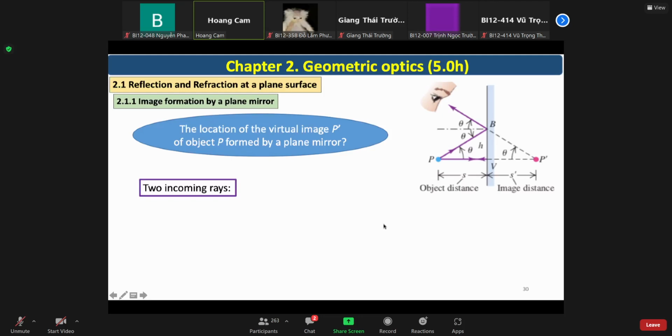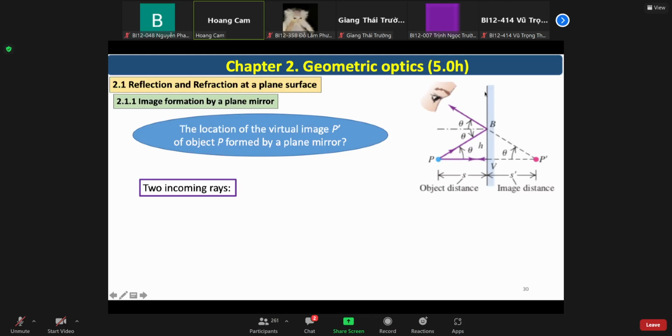So we need at least two outgoing rays, so we will draw two incoming rays at first. And normally we will use some special rays. For example, you should draw the first ray incident to the plane mirror here, perpendicular to it.